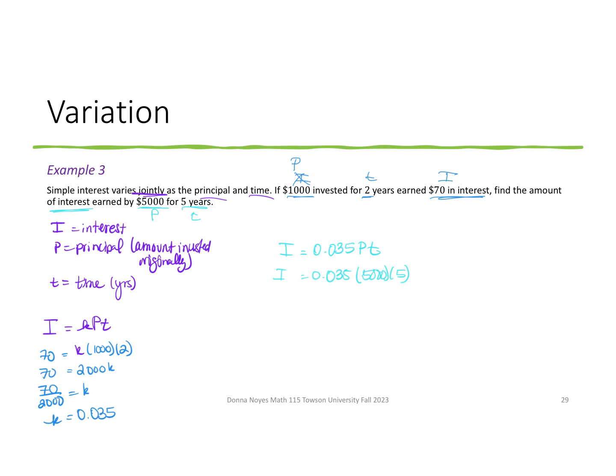So if we take our 0.035 and we multiply it by 5,000 and again by 5, we end up with $875 in interest. And that's varying jointly.